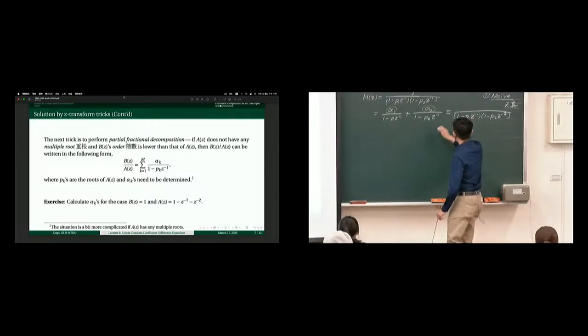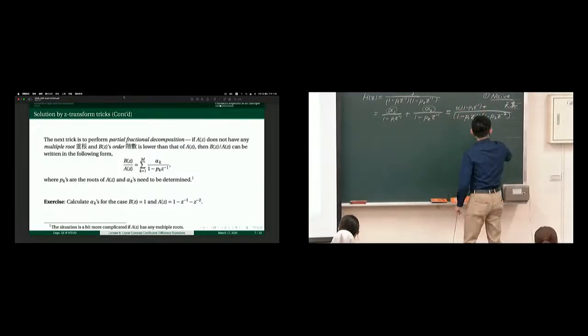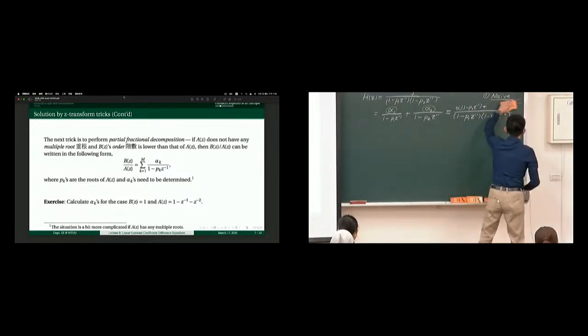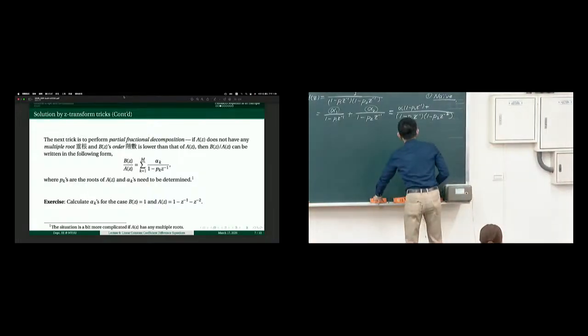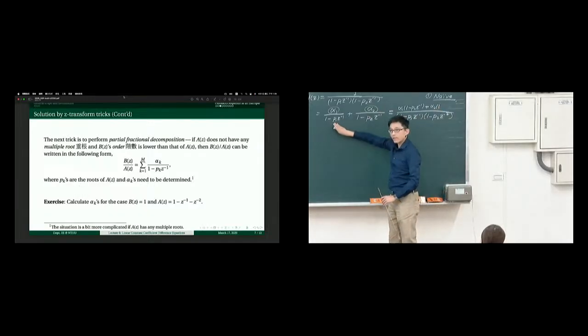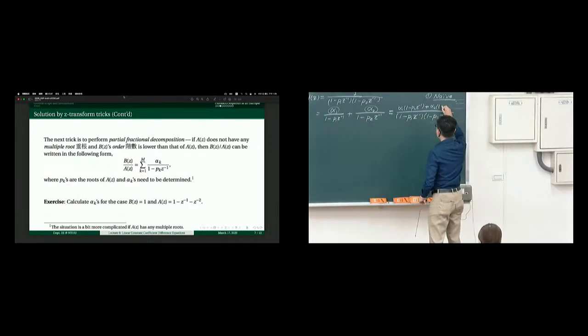And very soon you realize that on top we have alpha 1 times 1 minus P2 z inverse, and similarly plus alpha 2 times exactly that. Let me just copy everything. Alpha 2 times exactly that.